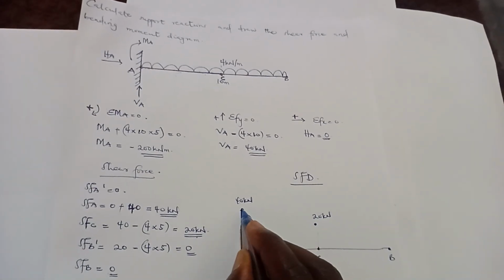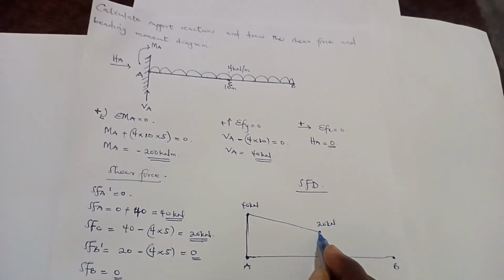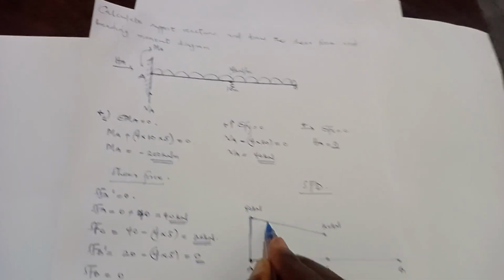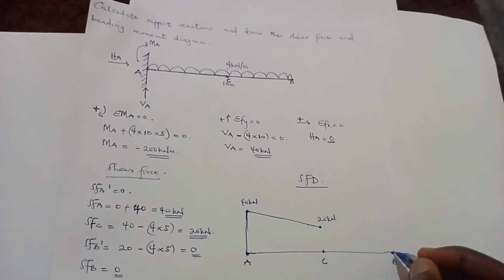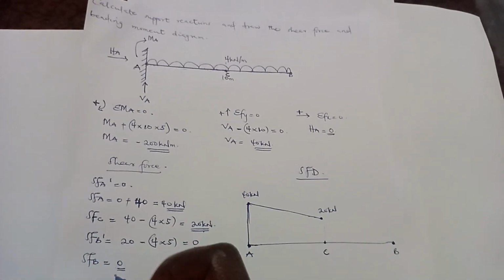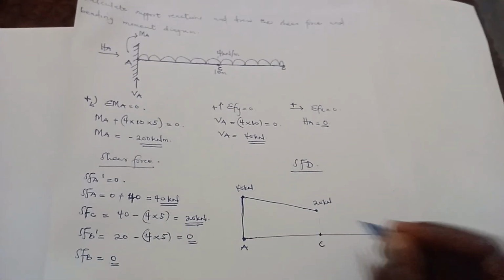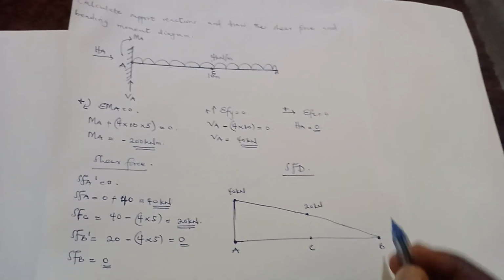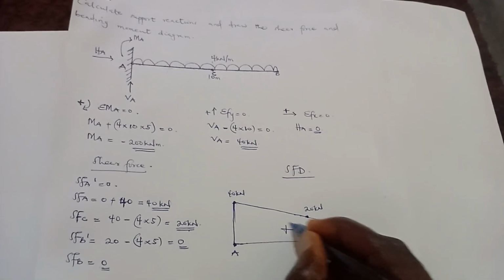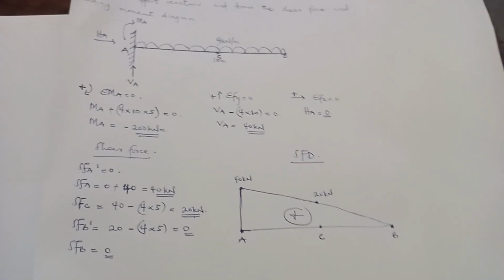We'll connect the two. And the shear force at B is 0. Shear force at B prime is 0, shear force at B is 0, so you come back to 0. So this is the shear force diagram and it's all positive.